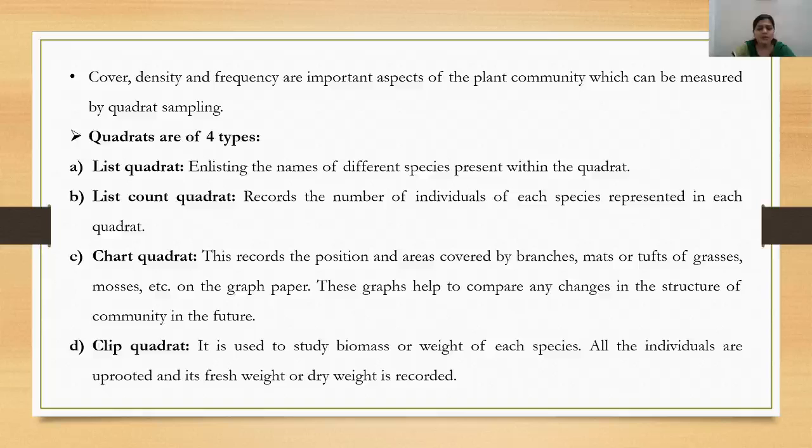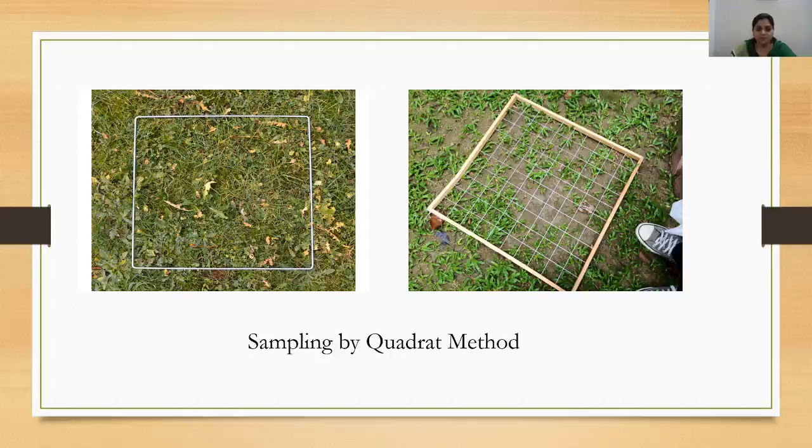And the last and fourth type of quadrat method is the clip quadrat method. This method is basically used to study the biomass or weight of each species. All the individuals are uprooted and their fresh weight or dry weight is recorded. So these are the four types of quadrats.